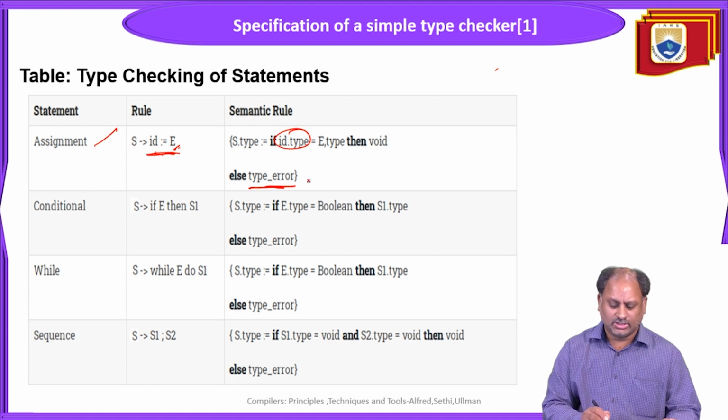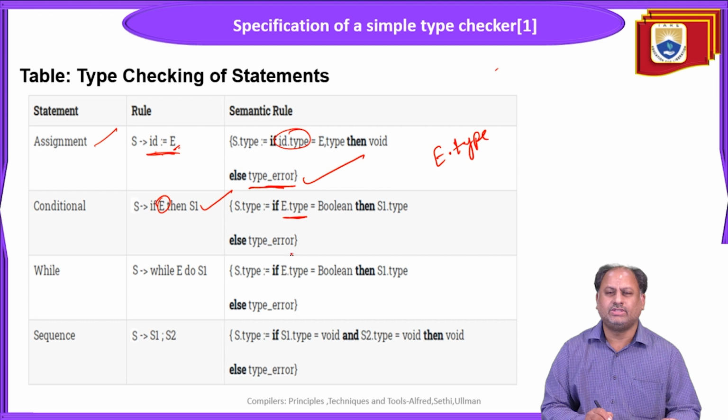Whereas for a conditional statement, if E then S1, the expression is determined as E dot type. Suppose the expression is evaluated and the type is a boolean value, that means true or false, then the expected type is S dot type.